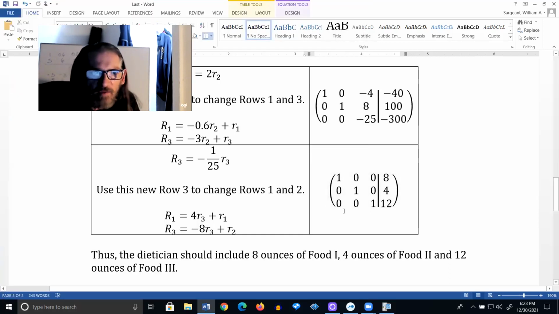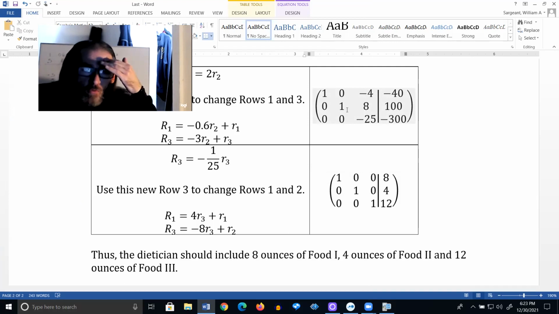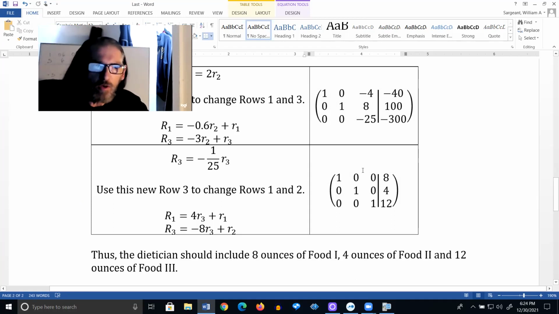Once I have that, if I write 0, 0, 1, 12 up here, then I would have just done Gaussian elimination, and you'd have a little bit more arithmetic and a little bit more algebra to do to find out the values of the variable. But with Gauss-Jordan, I'm just going to concentrate on doing arithmetic.